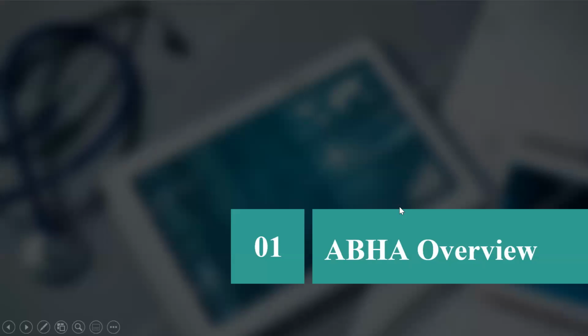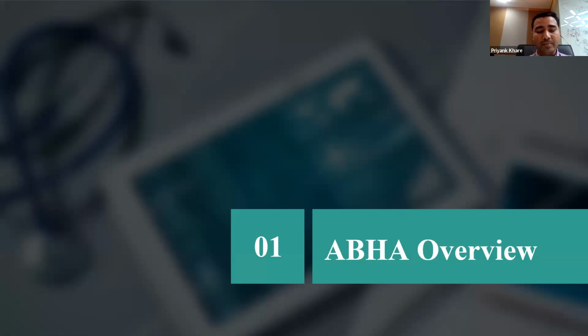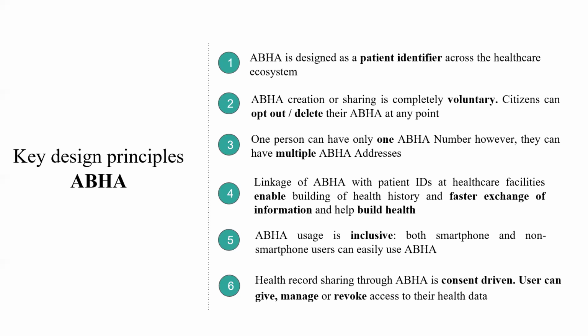Now, before moving to the details of milestone 1, let's quickly discuss the key design principles of ABHA. Starting with some design principles of ABHA: ABHA is a uniquely assigned 14-digit number which will act as a digital public good for citizens.